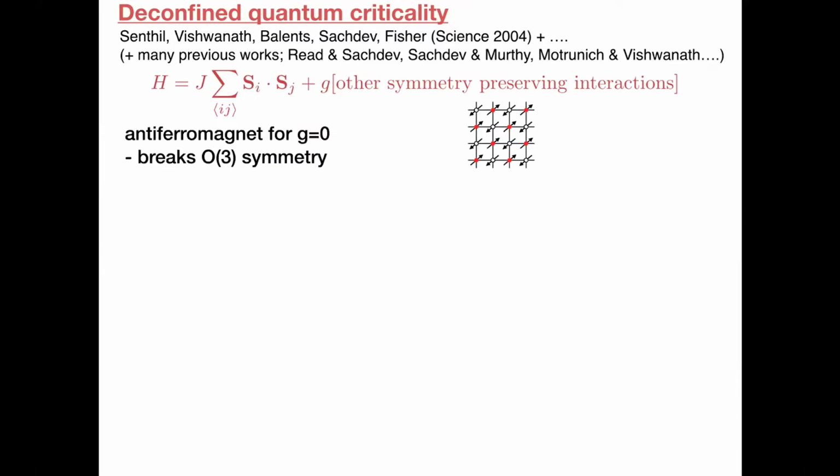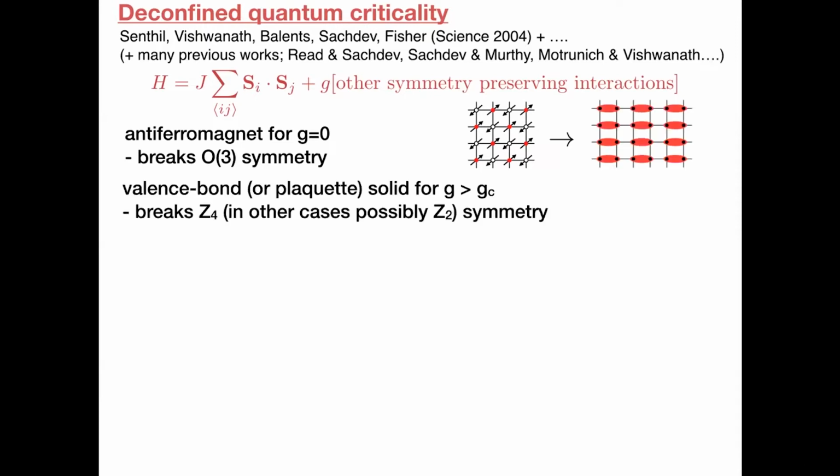The Néel state, of course, breaks O(3) symmetry. And this theory is basically a theory of how that antiferromagnet can turn into a dimerized phase or some kind of singlet pattern phase. It could also be plaquettes, as I will mention later.